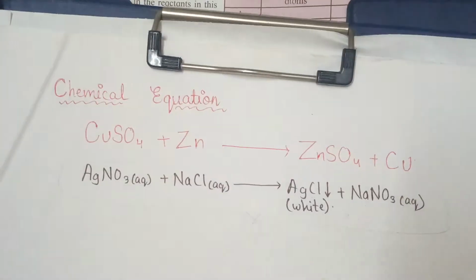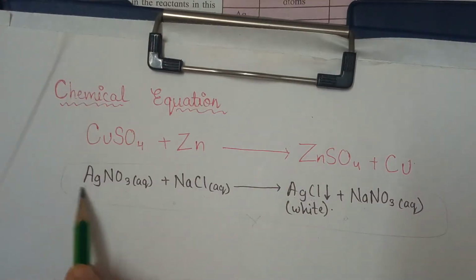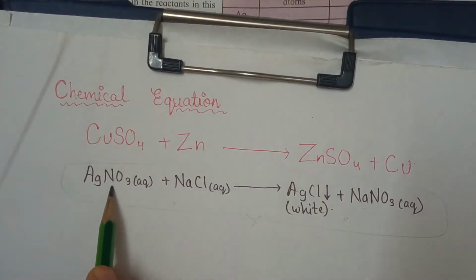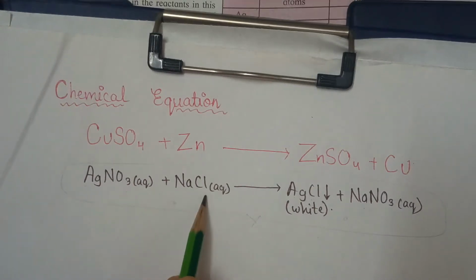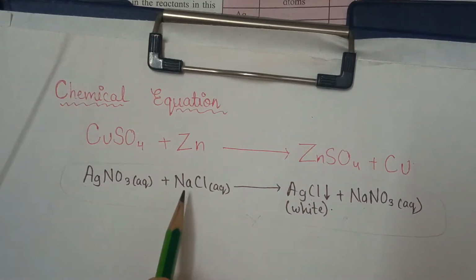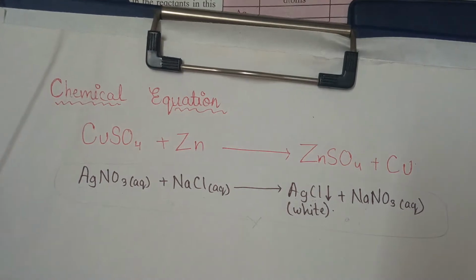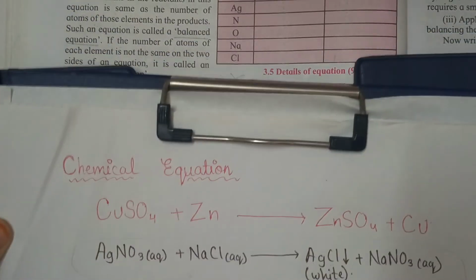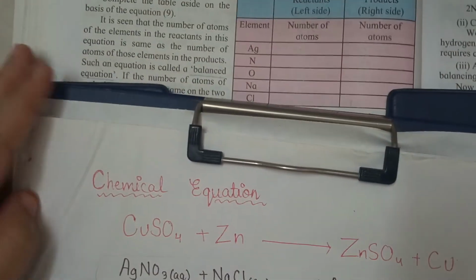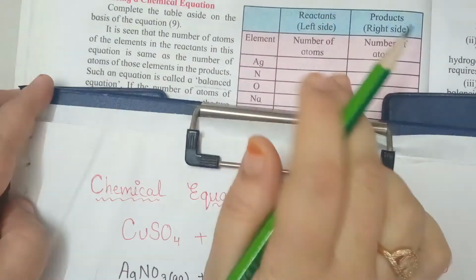Okay, so here elements are given like AgNO3. So here silver atom is there, nitrogen, oxygen, sodium and chlorine. All right, so that means here total 5 atoms are given, and here one table is given. We have to fill up the table.